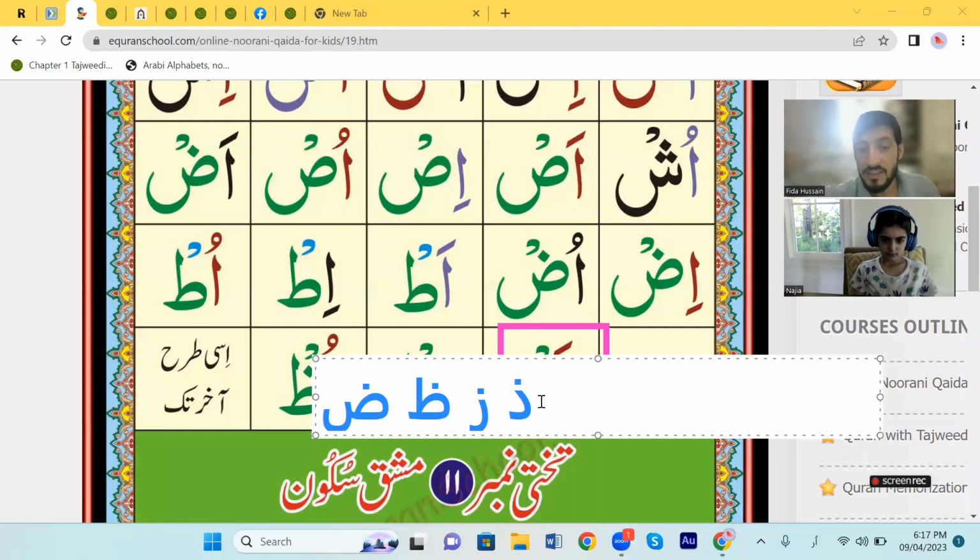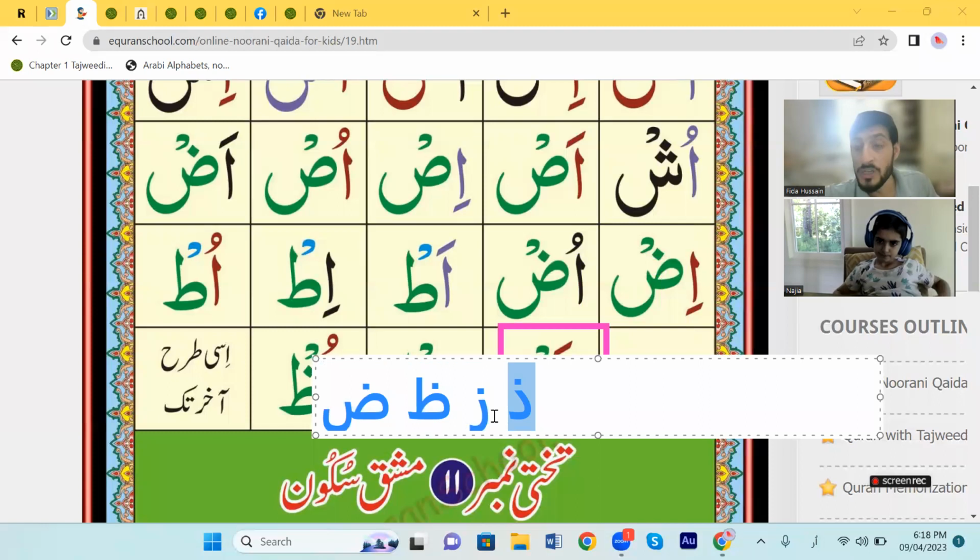See, these four letters are very important because in Urdu we pronounce all the letters with this letter za. We pronounce dal, za, va also as za, and dod also as za. So therefore we need to do more practice to make all the letters a perfect sound, perfect pronunciation.